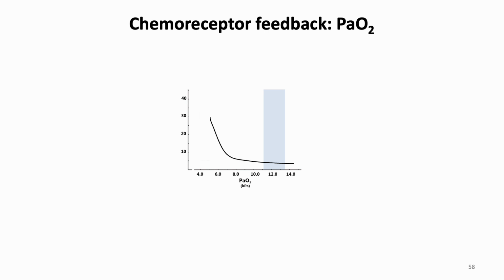Actually, at normal capnia and if there's no acidosis or acid-base disturbance, PaO2 has to reach a threshold of between 8 and 10 before any notable changes in ventilation occur.